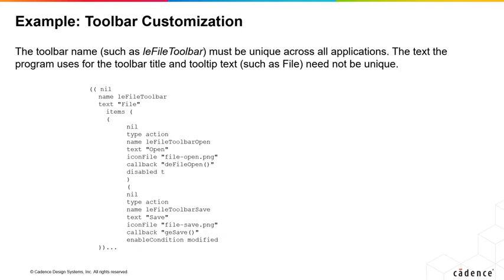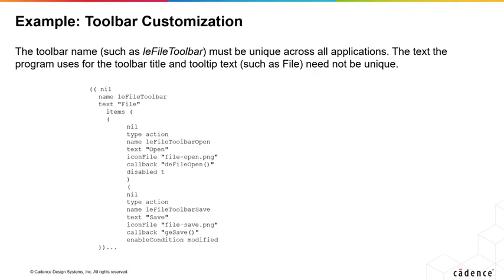Here is an example toolbar customization file. This is an expansion of what we saw on the prior page where we are specifying the information for the LE file toolbar, the text that will appear as file, and then the items listed here are for the open file and the save.